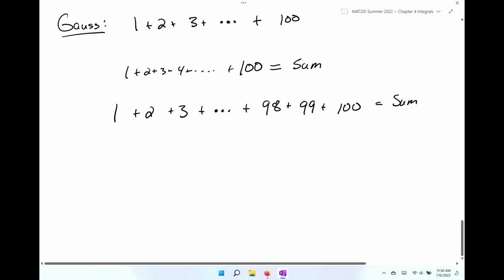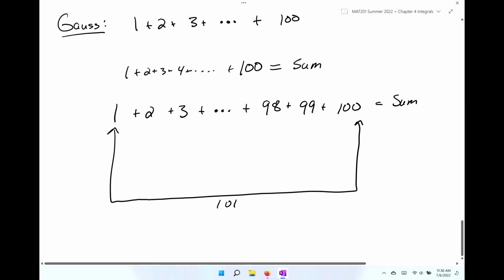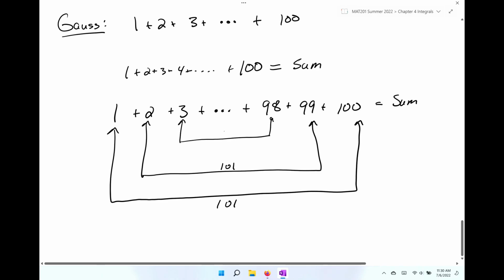But then he made a really interesting connection, and I'm going to show it to you right here. 1 plus 100 is 101. 2 plus 99 is 101. 3 plus 98 is 101.